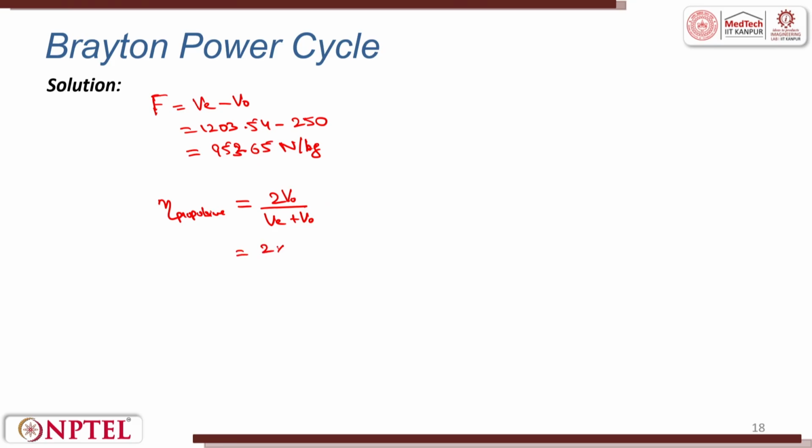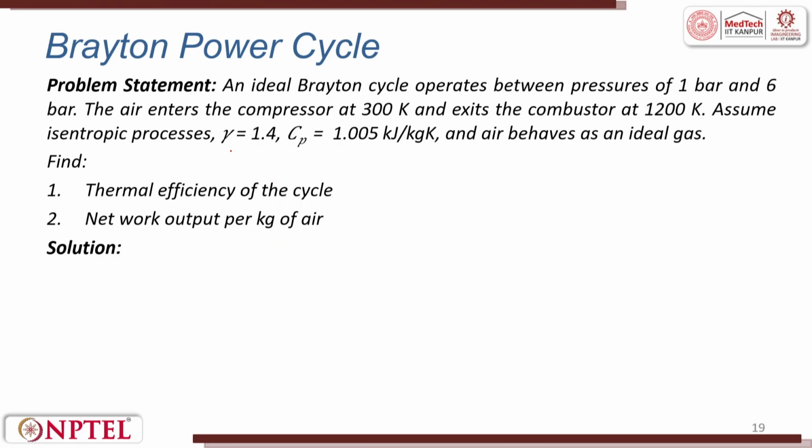This is equal to 2 into 250 by 1203.5 plus 250. This comes out to be 0.34. Therefore, efficiency is 34%.